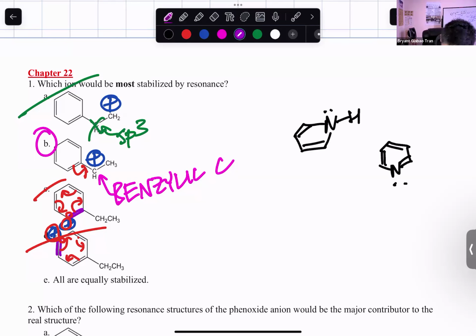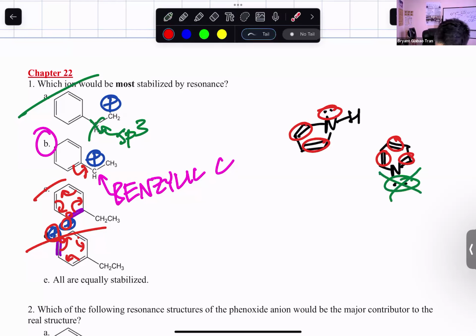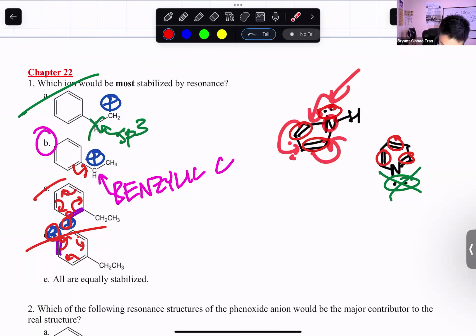For this structure here, this counted, and that counted. But for the second one here, this counted, and this counted right there. But this pair of electrons does not count because that pair of electrons is on an atom that is already double bonded. It cannot do resonance with the ring. Whereas this double bond here is on an atom that has no double bond. It can do resonance with the ring like that. Okay. Does that make sense?